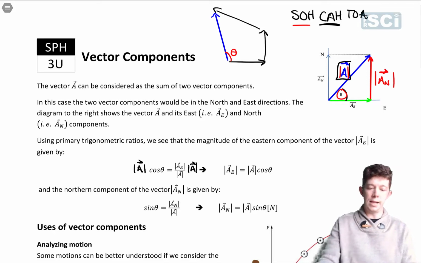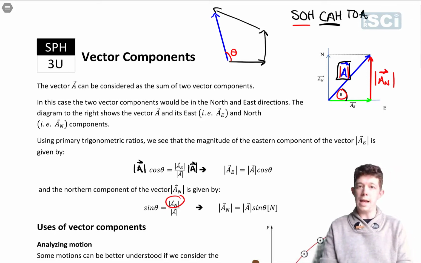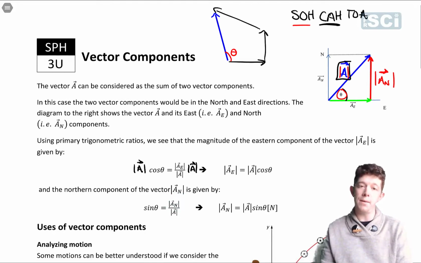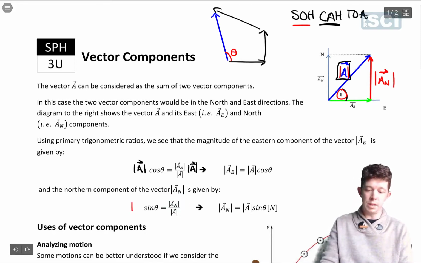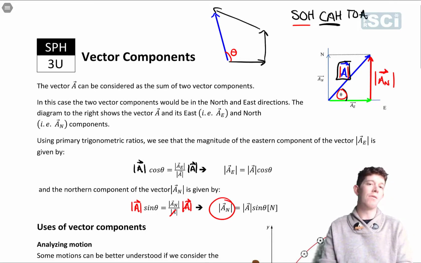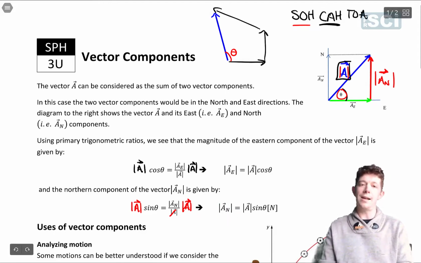So I'm going to take the opposite side, A north, and divide it by the magnitude of the hypotenuse, and I get a ratio for the sine of the angle theta. Now, similarly to what we did with the x component, if I multiply both sides by the magnitude of A, I can isolate for just the magnitude of A north.